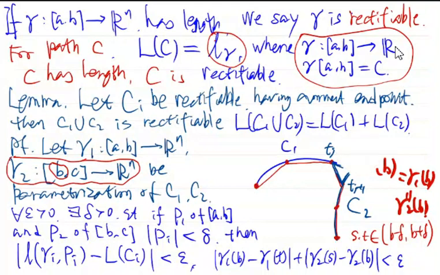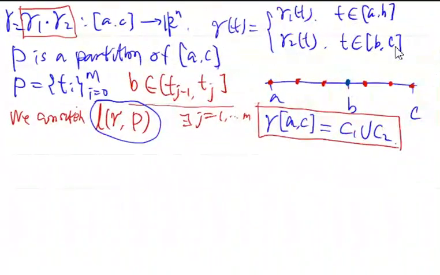Tj is here. Oh no. This is B. This is Tj. Okay, the sum of the segments from Tj minus 1 to B and B to Tj is greater than the segment from gamma Tj minus 1 to gamma Tj. So this is the tricky part of the proof.